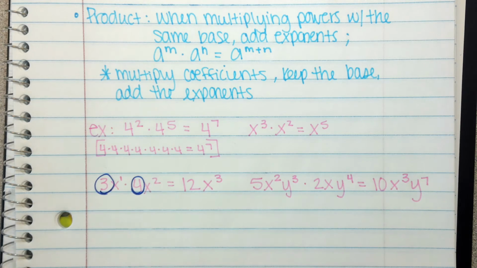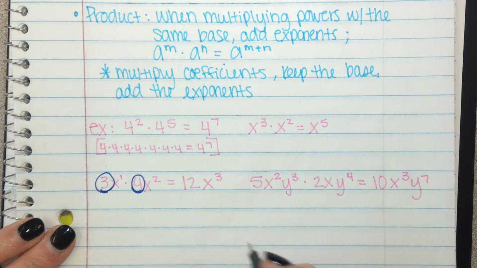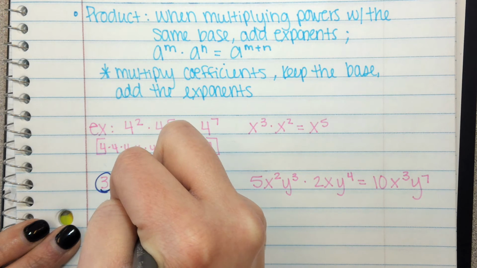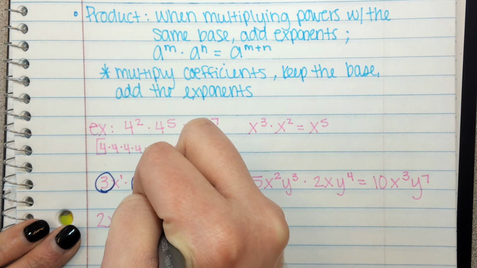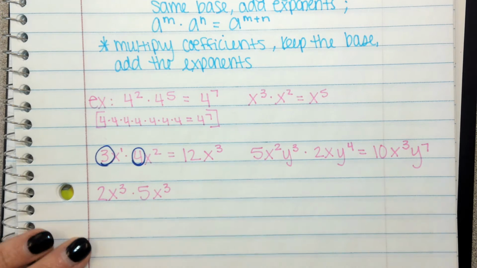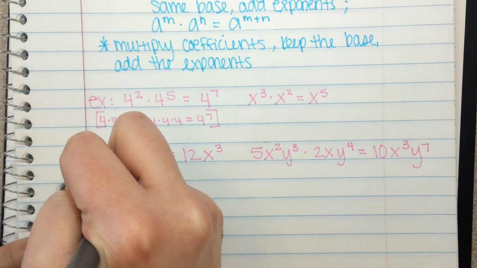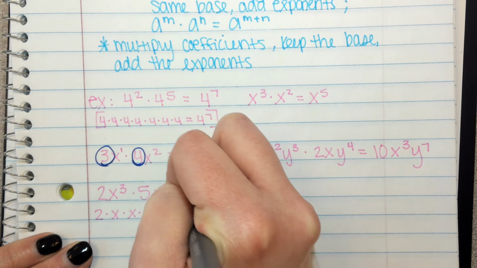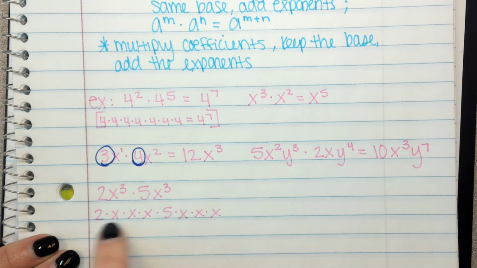Let me do one and let me expand it out and show you how it works. So if I say 2x cubed times 5x cubed. Let's just do it that way. So this is how we would expand it out. We would say 2 times x times x times x times 5 times x times x times x. And so it's all multiplication.